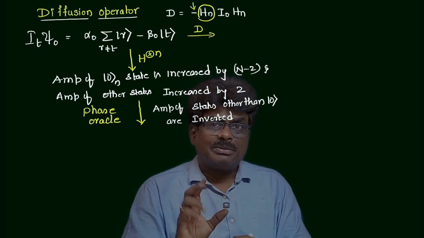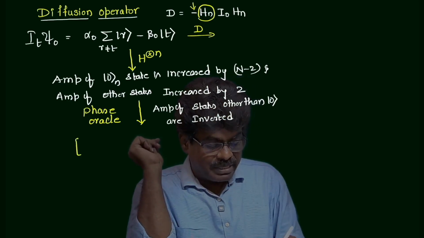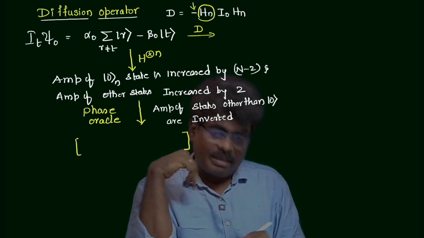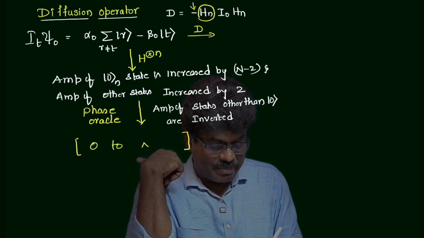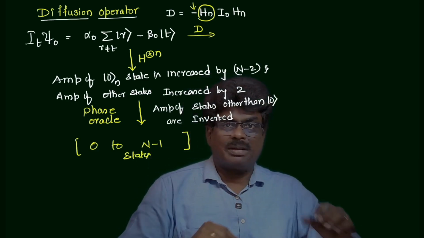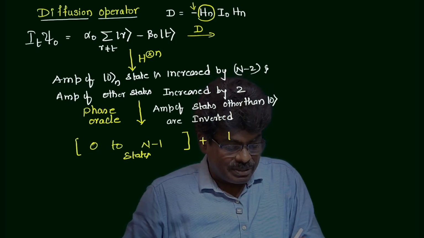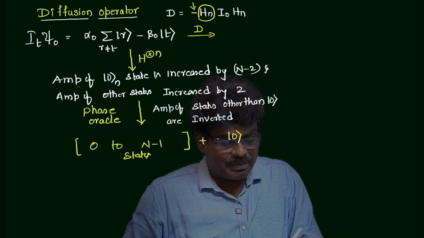Okay, so after this you will get some states. Here you will get a superposition of 0 to N minus 1 states, plus this 0 state. Some amplitude will be there.